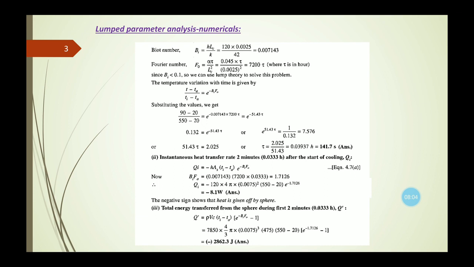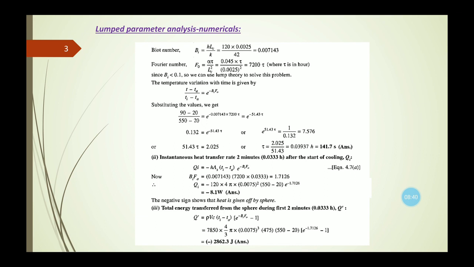But for the second part, we need to calculate the heat transfer rate when tau is 2 minutes, so we use that value of tau to calculate the Fourier number. The multiplication of Biot number and Fourier number equals 1.7126. If we put this value in the equation, we get the instantaneous heat transfer rate as minus 8.1 watt.